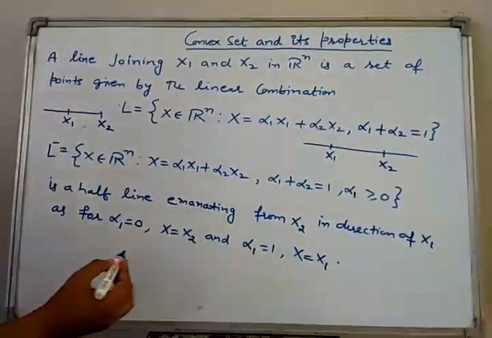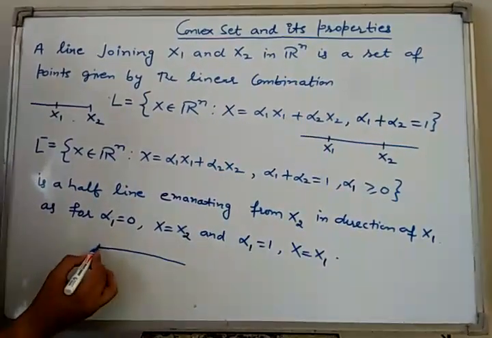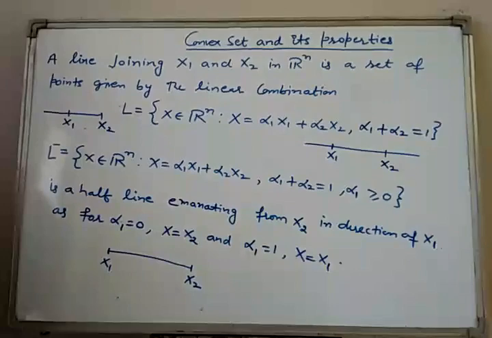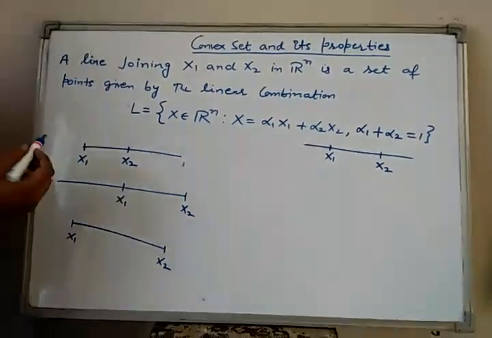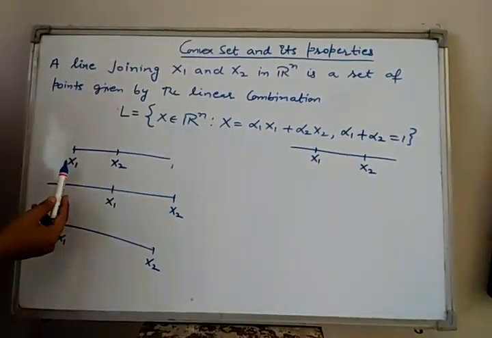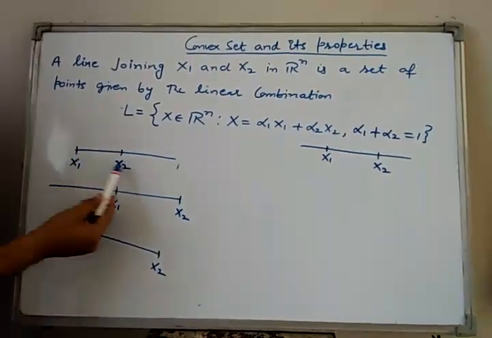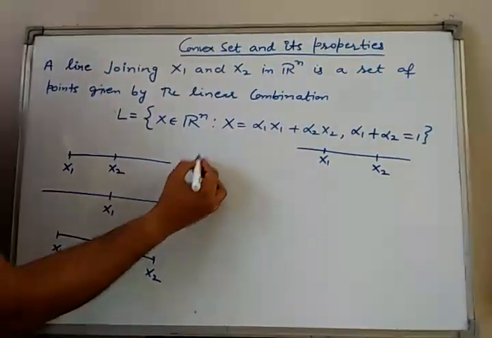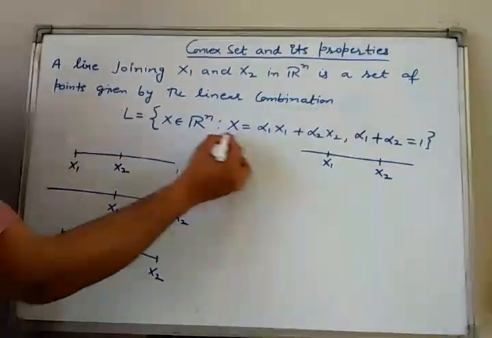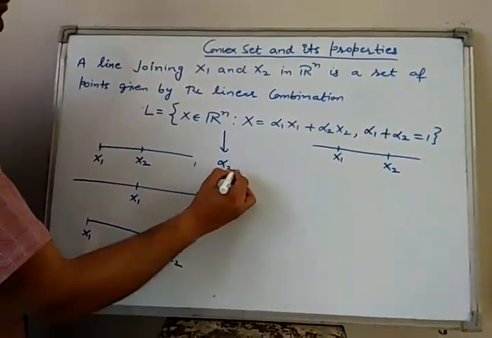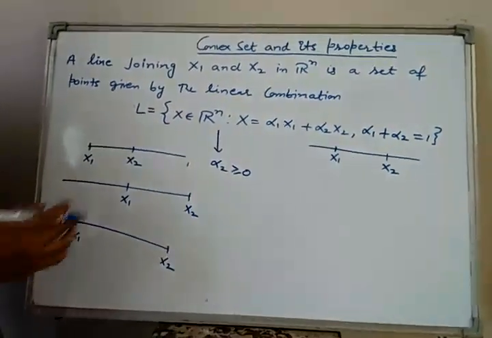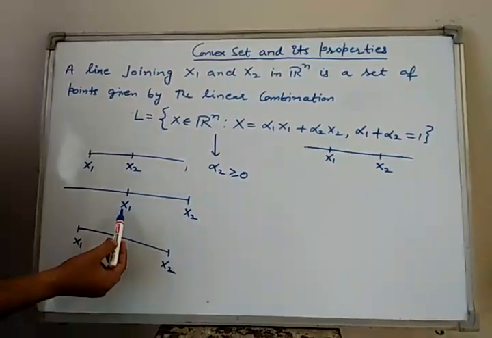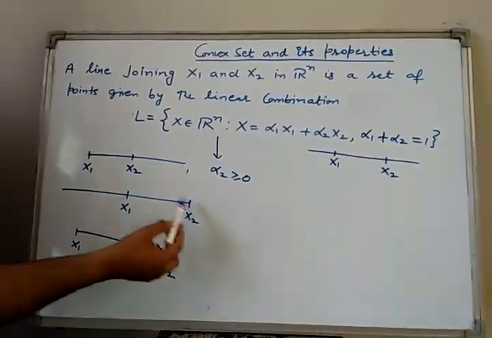Now, we are interested in finding the equation of the line segment joining x1 and x2. First we get the equation of the half line originating from x1 in the direction of x2. How do we get it? We add a new condition in this equation, that is alpha 2 greater than or equal to 0. Then we get the equation of the half line emanating from x2 in the direction of x1. How do we get it?